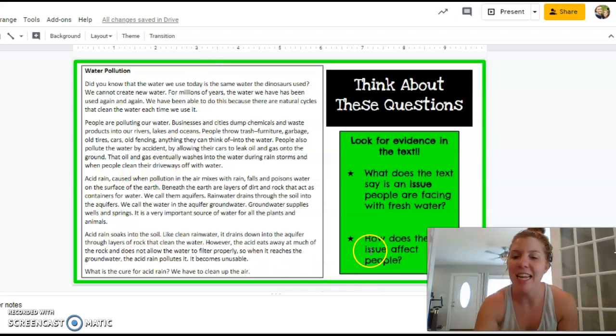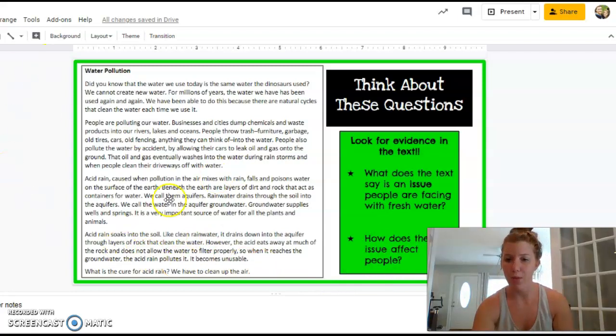All right. And then how does the issue affect people? The problem that's in this story, how is it affecting the people around? Okay. This problem that I'm thinking of, it can affect us and where we live too currently.